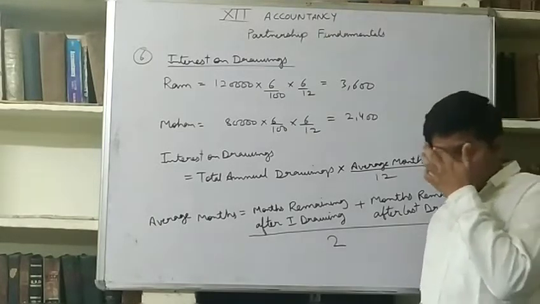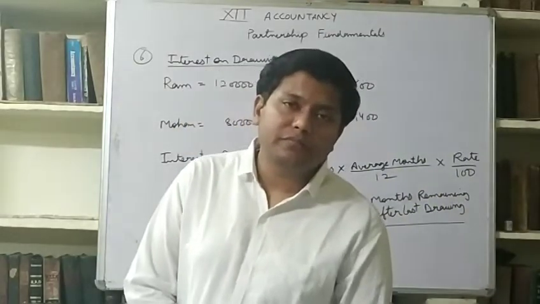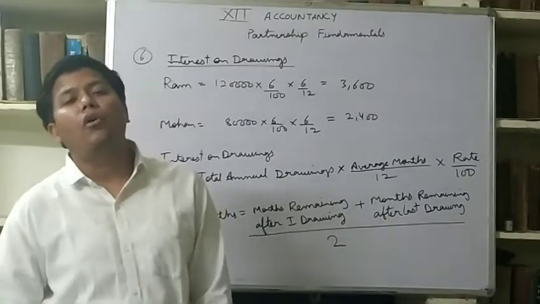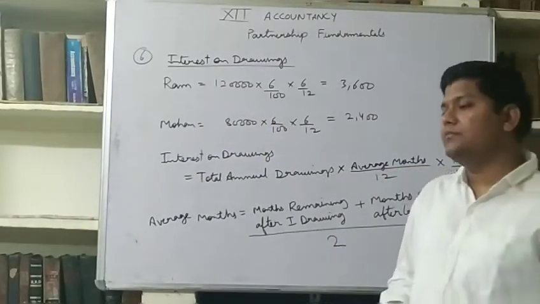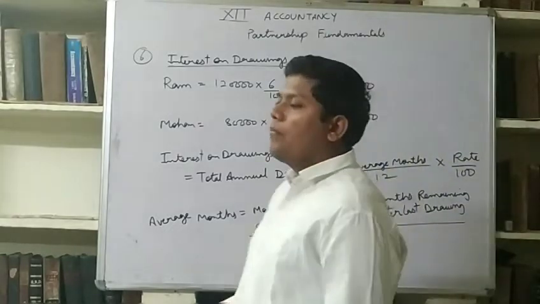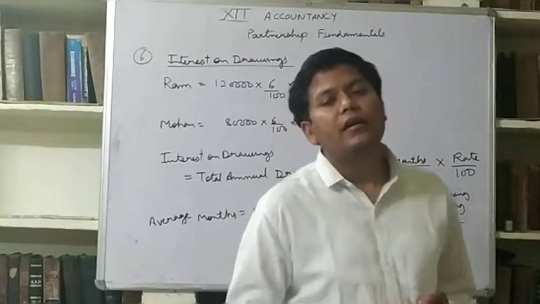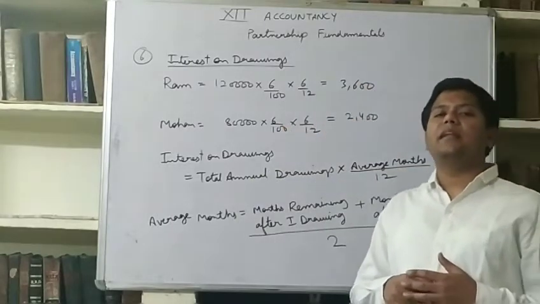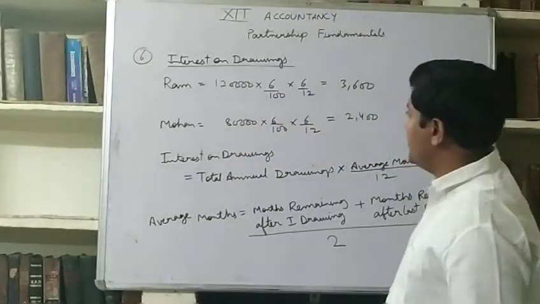For example, if a partner is drawing 2000 in the beginning of each month, write down example 1. A partner withdraws rupees 2000 per month at the beginning of each month. So, how will we solve it?